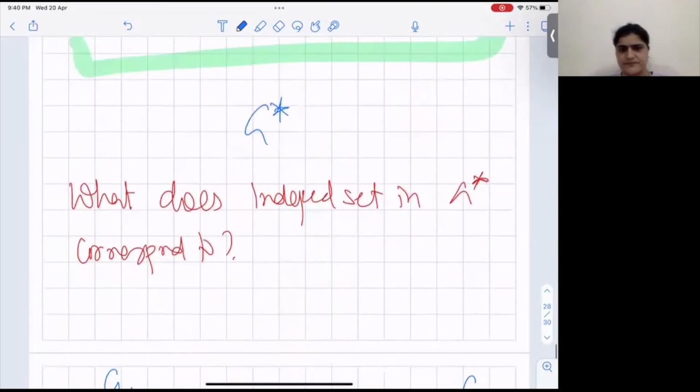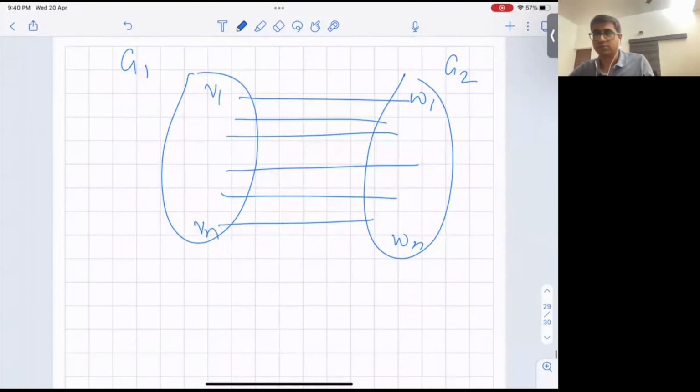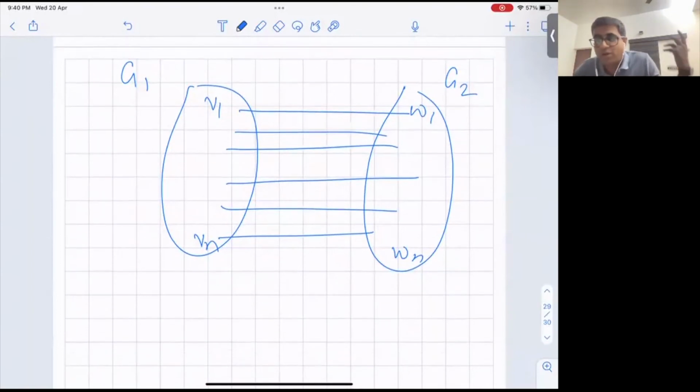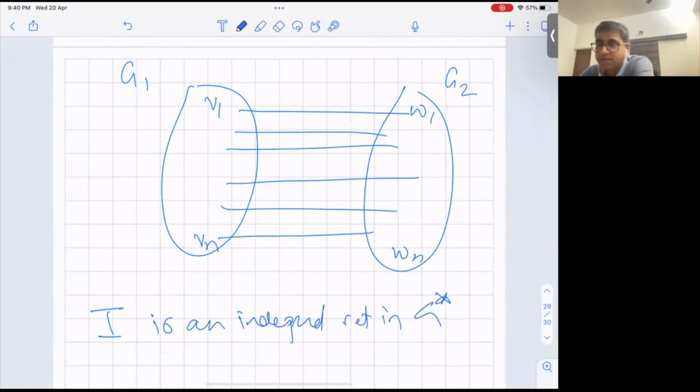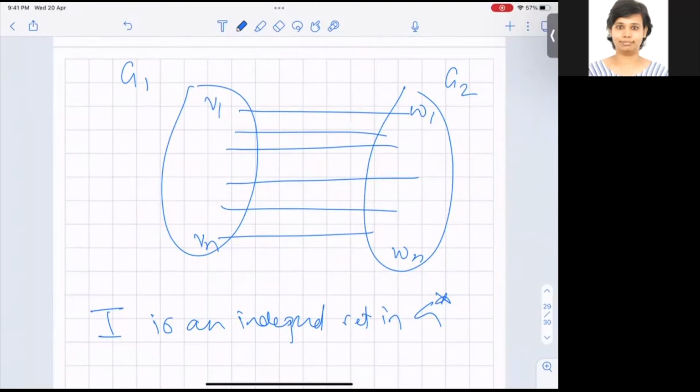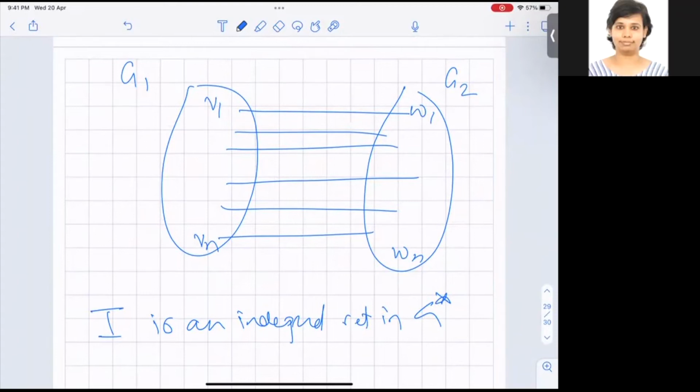So now my question is, what does an independent set in G star correspond to? Suppose I is an independent set in G star. What does it correspond to? A bipartite graph in G. Why? Because we got two independent sets.